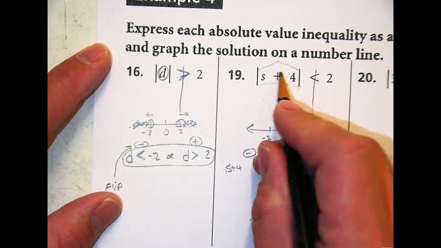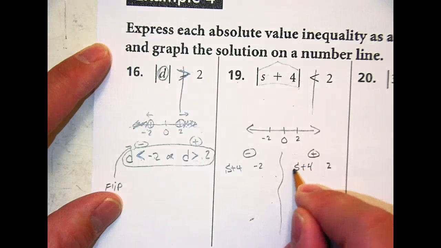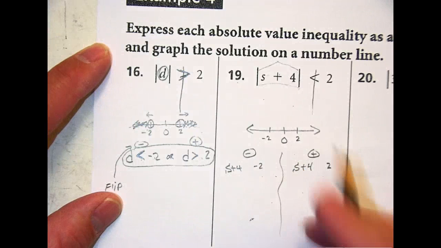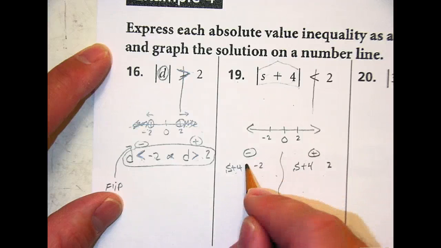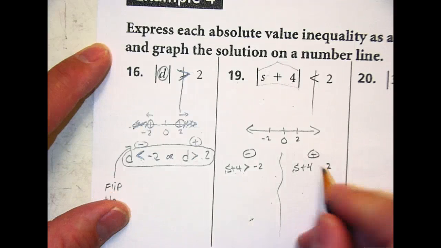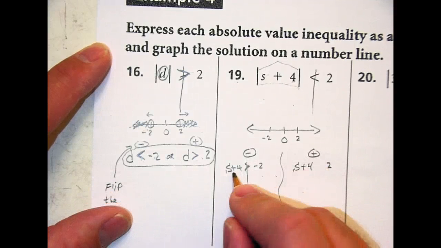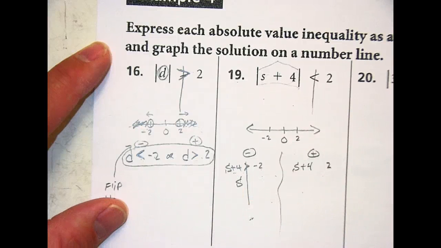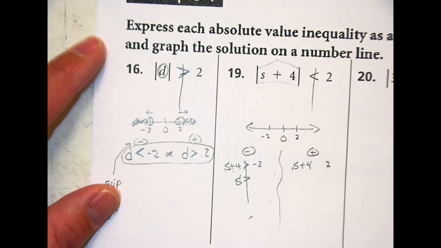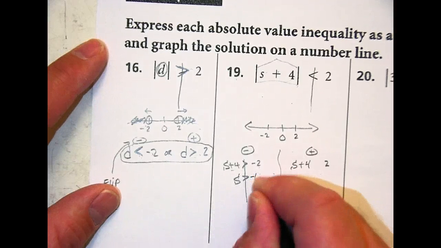Alright, so the absolute value drops out, and you put your negative and positive. If it's going to equal -2, remember our symbol flips on our negative case. If it's going to be -2, what do we get? S is greater than -6.